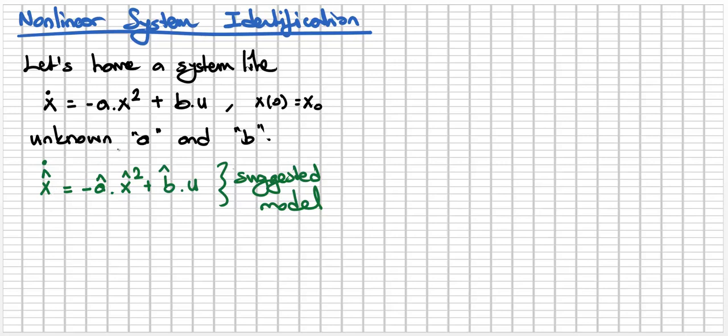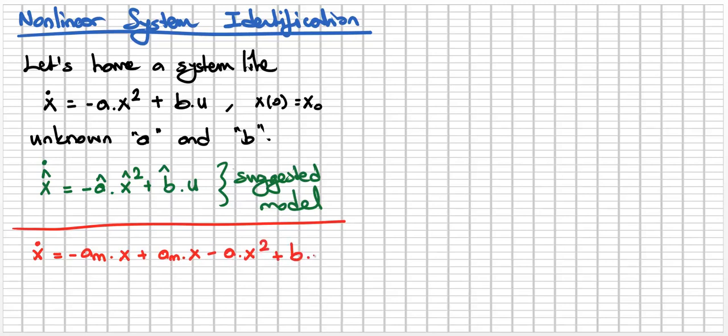In order to collect all the terms, we should write the function proposition. Firstly, x dot should be reorganized as minus am times x plus am times x minus a times x squared plus b times u.